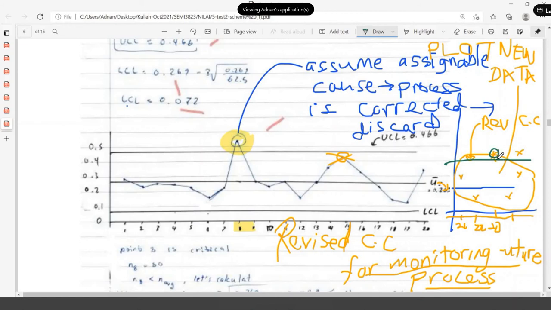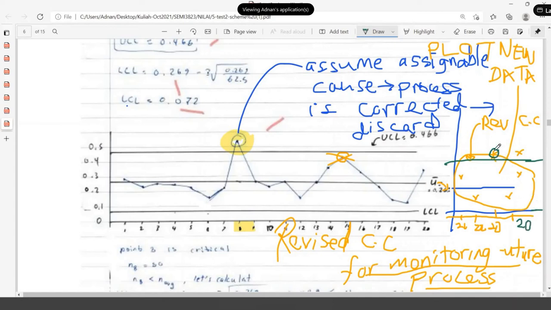So what we need to do, we have to identify the assignable cause, make a correction to the process, and after we remove this, we have to revise again. If we want to do a proper revision, we need to complete 20 data first. Run it until you get 20.